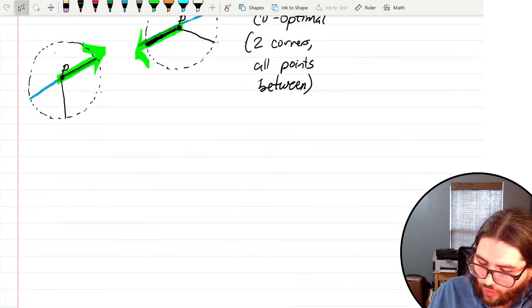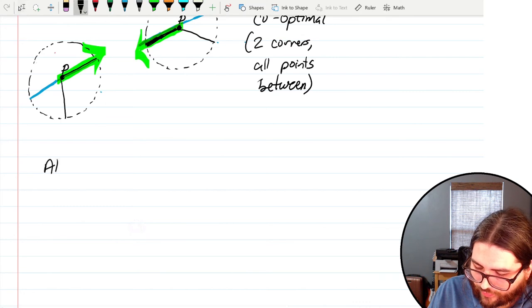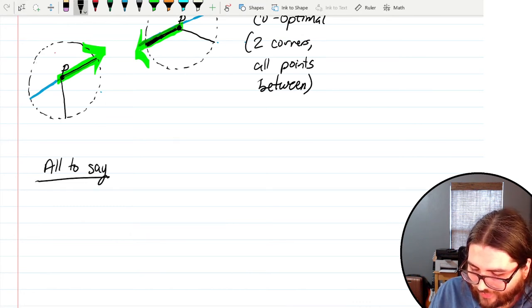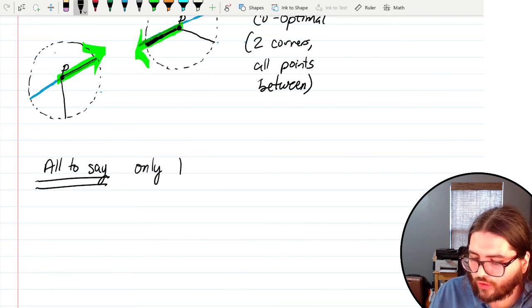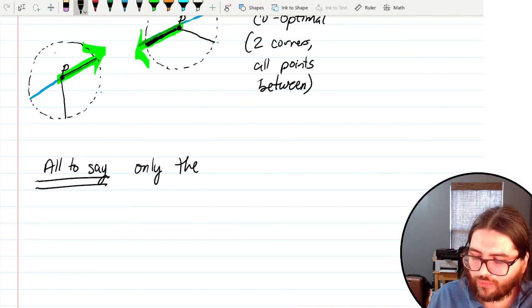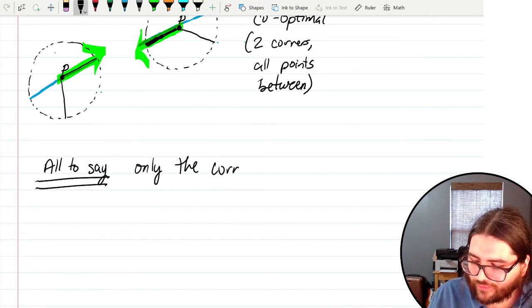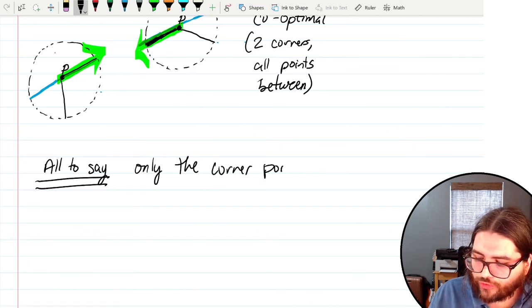Right? And so all of this is to say, only the corner points are the ones we need to look at. Only the corner points are important.